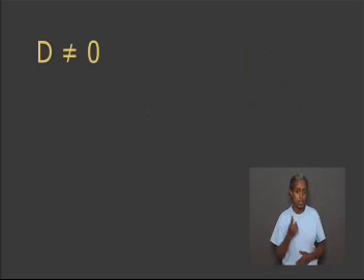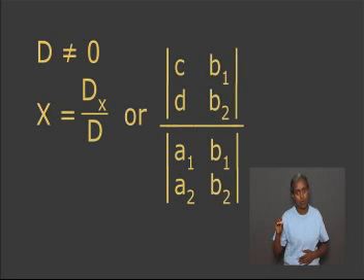If our determinant is not equal to 0, then x equals dx over D, or C, B1, D, B2 over A1, B1, A2, B2.